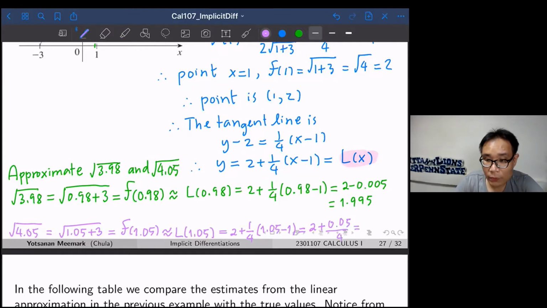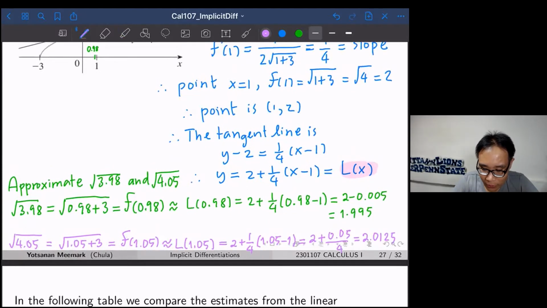So this guy will be 2.0125. Okay, so it's going to be 2.0125. For this one, you divide 5 by 4, so you get 1.25. Okay, so it's correct. So this one, you get this approximation.